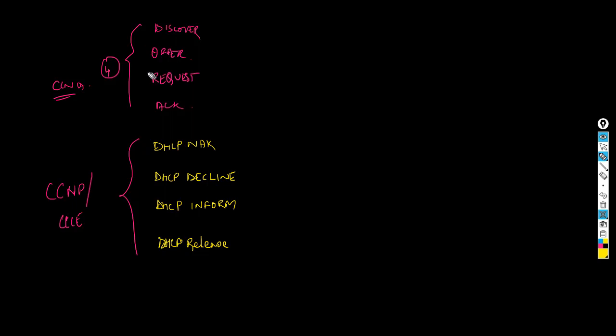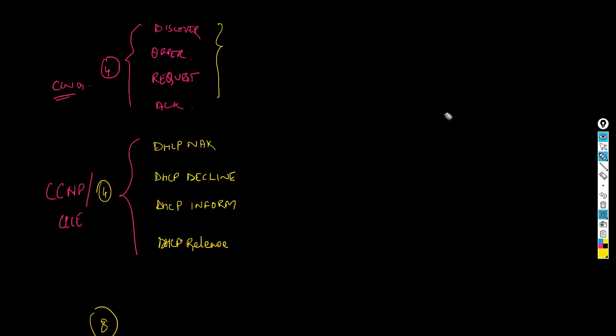So I can say they are totally 4 plus 4, 8 DHCP messages. The L2 L3 headers remain the same as we learned in the last class. The basic is this. Let me just brief you.